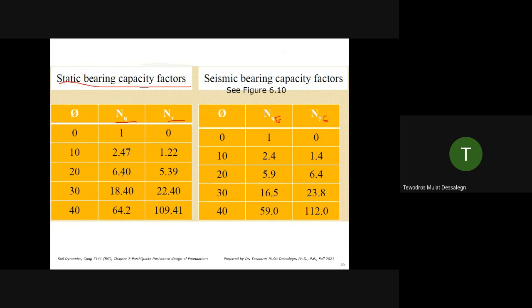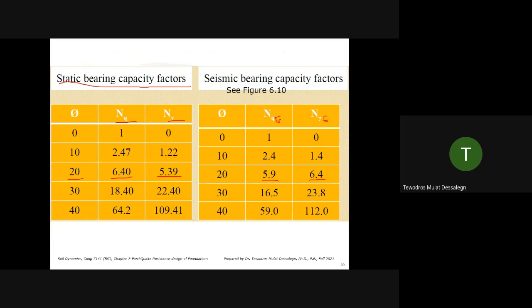So you can see it. For example, at 20, Nq is 6.4 and it's 5.9 for the seismic case. Or N gamma is 5.39, it's 6.4 for the seismic case. And it doesn't mean that it will decrease or increase generally.